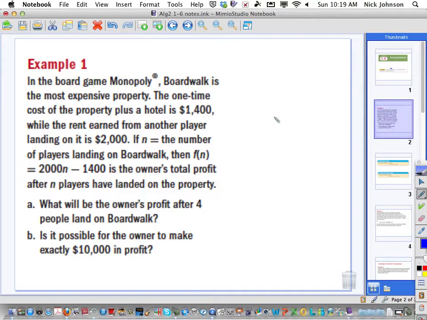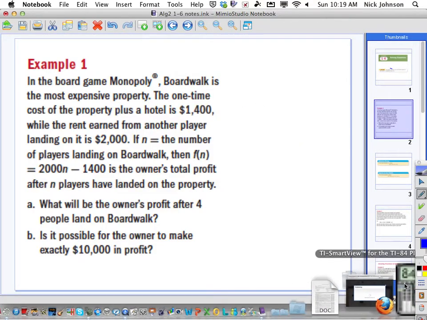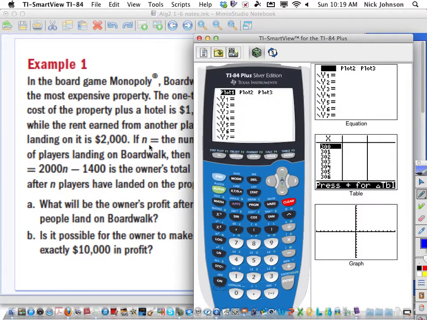Well, let me show you how to do this on your calculator. Okay? y1 is going to be our 2,000n minus 1,400. That's our equation. And x is just our total number of people.